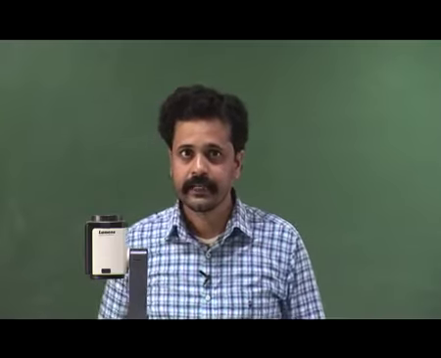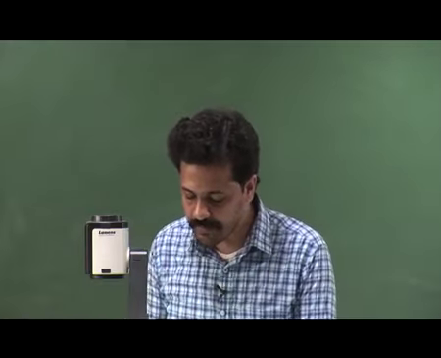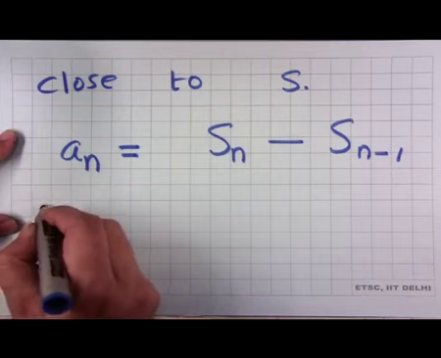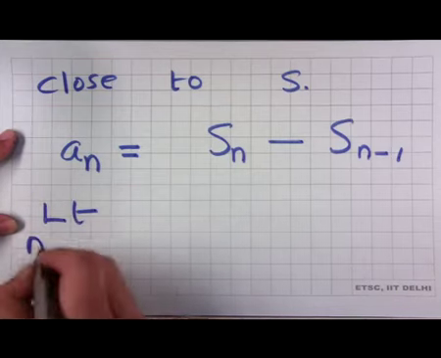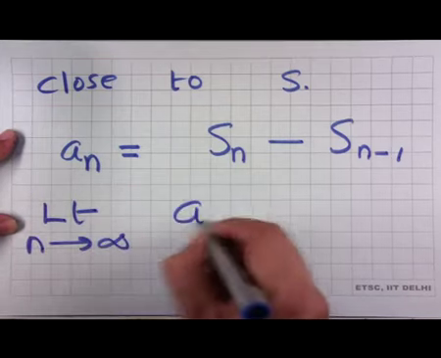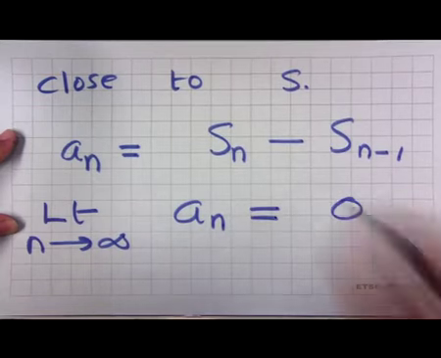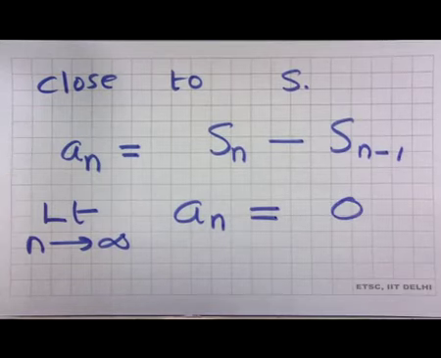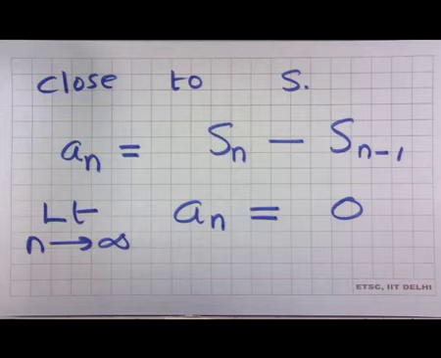Hence, intuitively it should be clear that the limit as n tends to infinity of an is 0. As both Sn and Sn minus 1 are close to S, the difference will be close to 0 when n becomes larger.